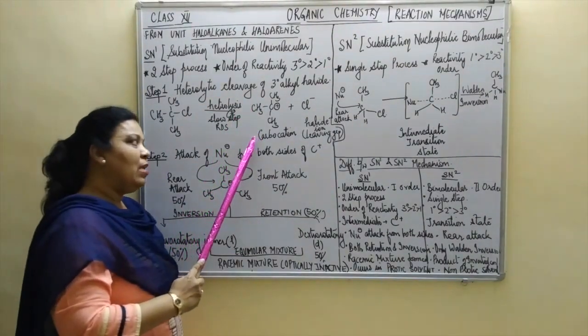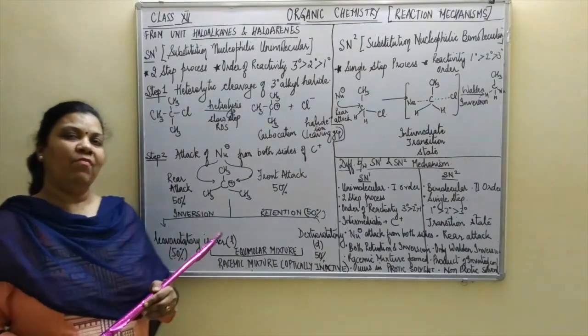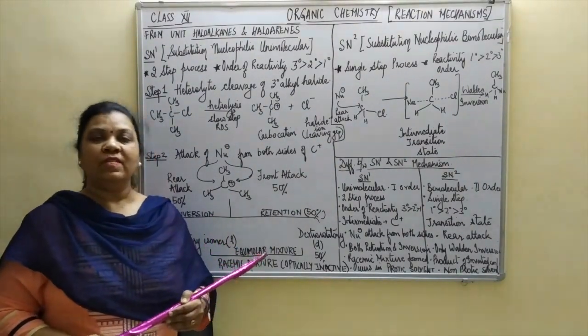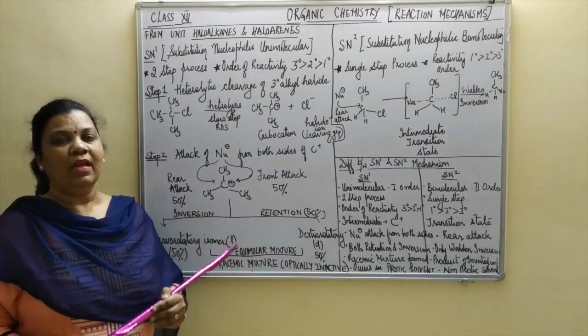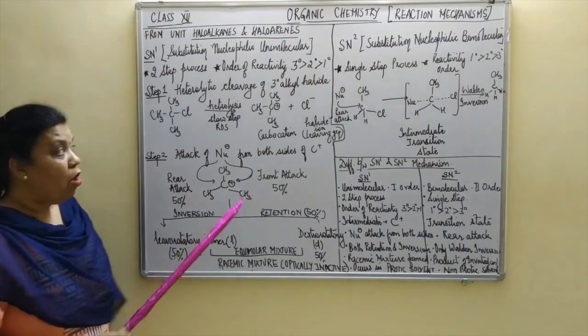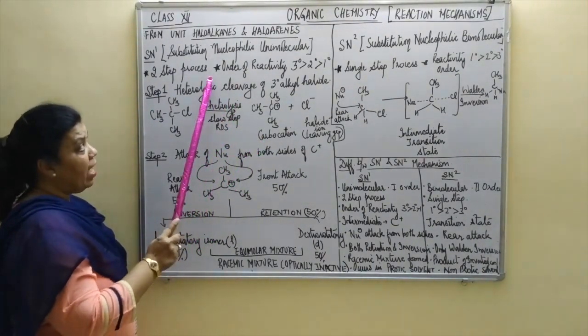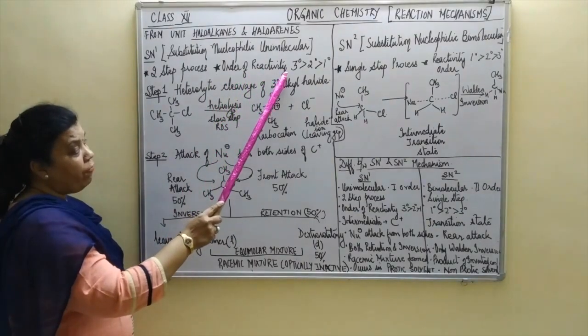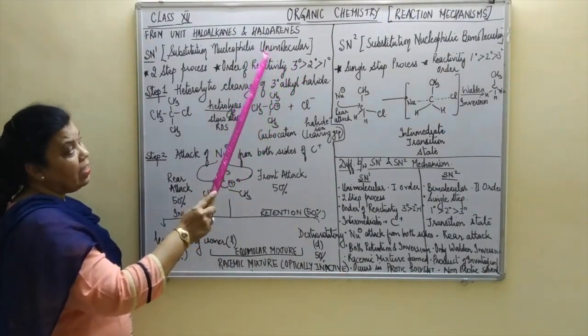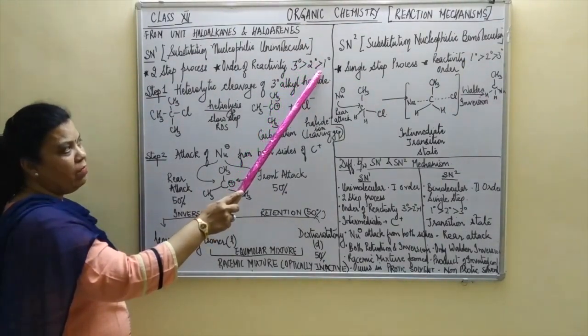The carbocation intermediate which is formed, we have all discussed in class 11 that the order of stability of the carbocation is 3 degree carbocation is more stable than 2 degree than 1 degree. Because of the formation of a 3 degree carbocation, the order of reactivity of the alkyl halides towards SN1 follows 3 degree more reactive than 2 degree than 1 degree.